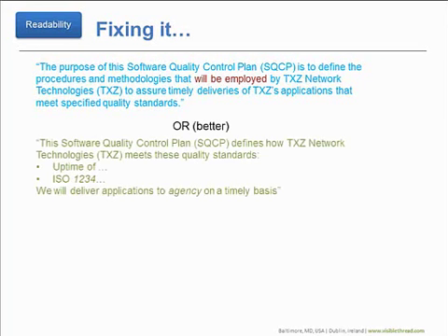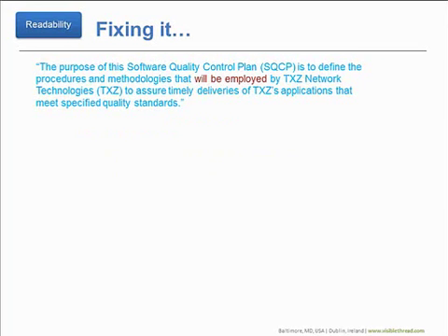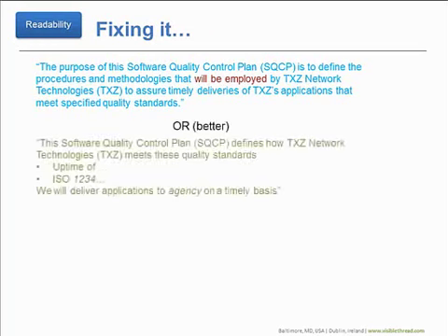I'm changing the structure, and I'm changing the text to make it non-passive. Passive voice, by the way, for those who may not be aware, is where the subject precedes the verb. So for instance, in that first statement, defining procedures and methodologies that will be employed, in maroon, that's passive. Procedures and methodologies are the subject and the verb is employed.